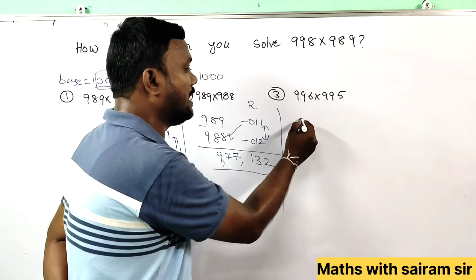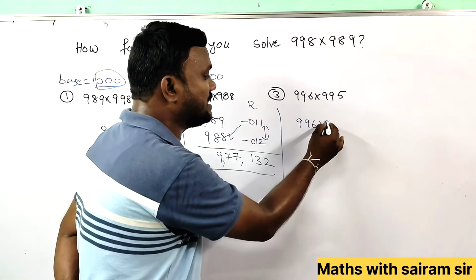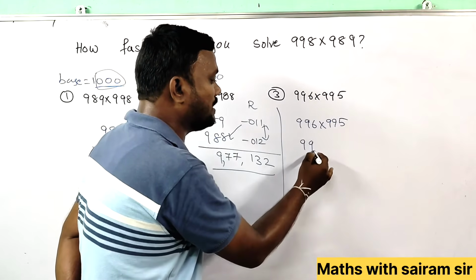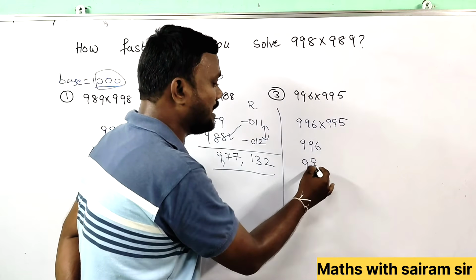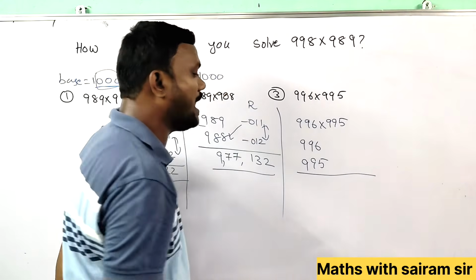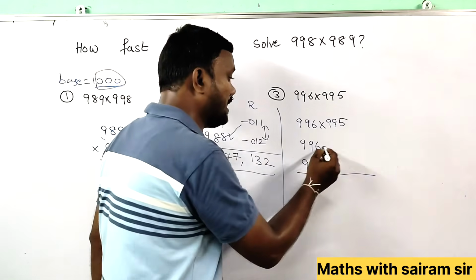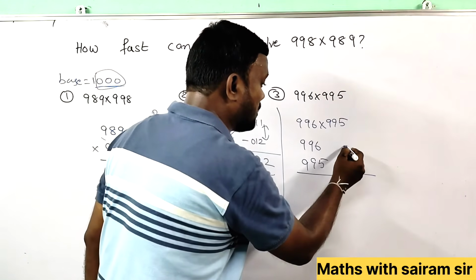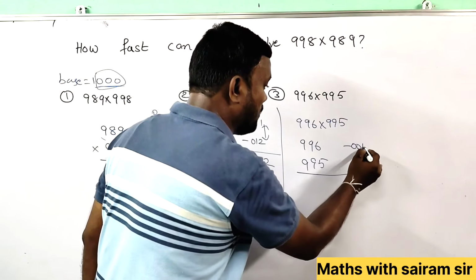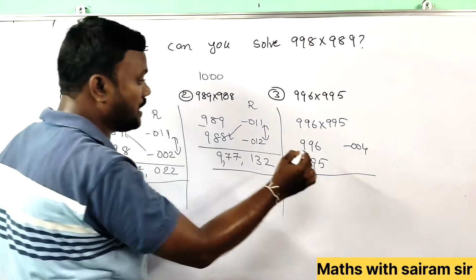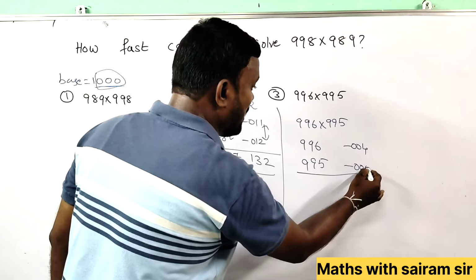Okay, let us see the next question. 996 into 995. If you want to find this answer, let me write this easily like this. As these two are less than the 1,000, see 996 is 4 less than the 1,000, so I'm writing 0 0 4, and it is 5 less than the 1,000. I'm writing it as minus 0 0 5.